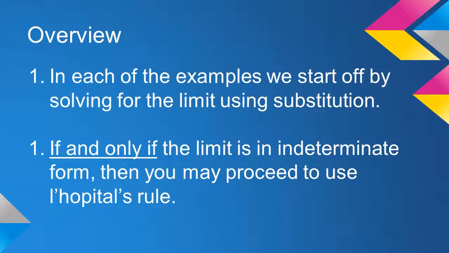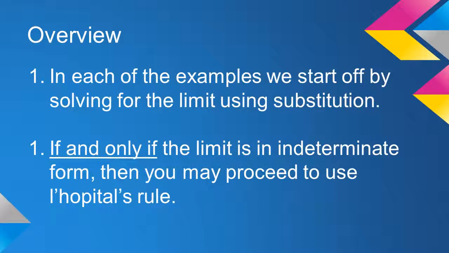Now let's go to the overview, the summary of everything we did. In each of the examples, we start off by solving for the limit using substitution. We do that to check if we can use L'Hopital's rule.